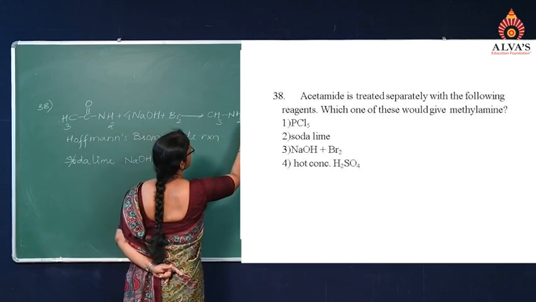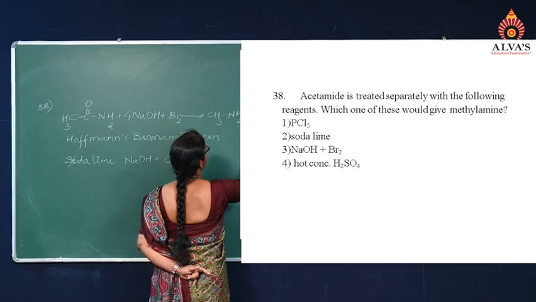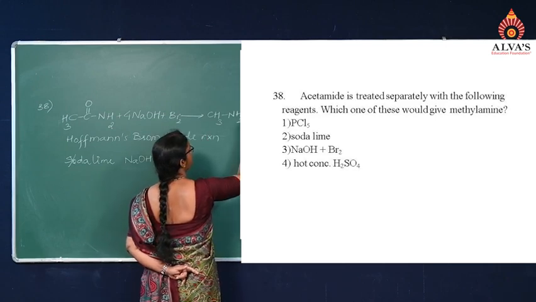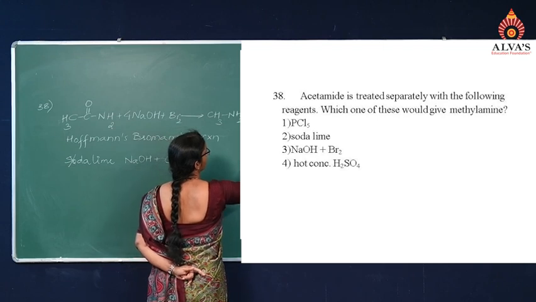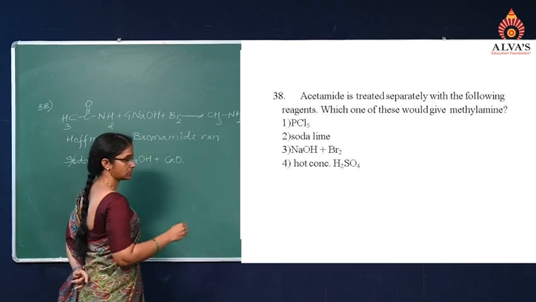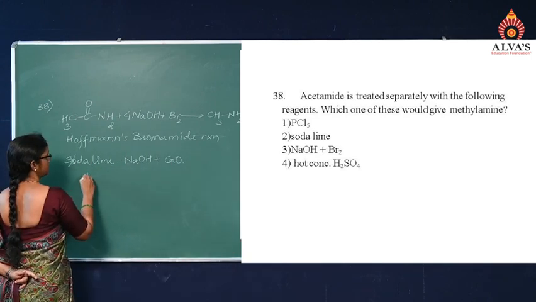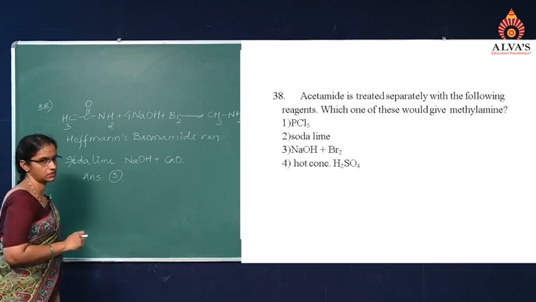It gives us a primary amine having fewer carbon atoms than the parent compound. Hence, the best option for the given conversion is option third. So, the answer is the third option.